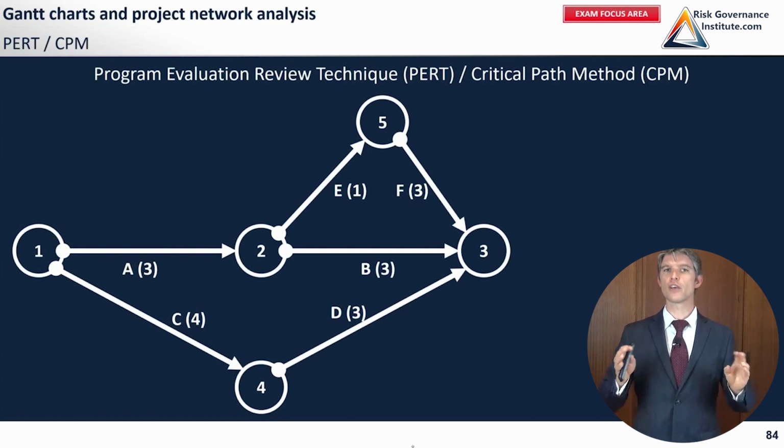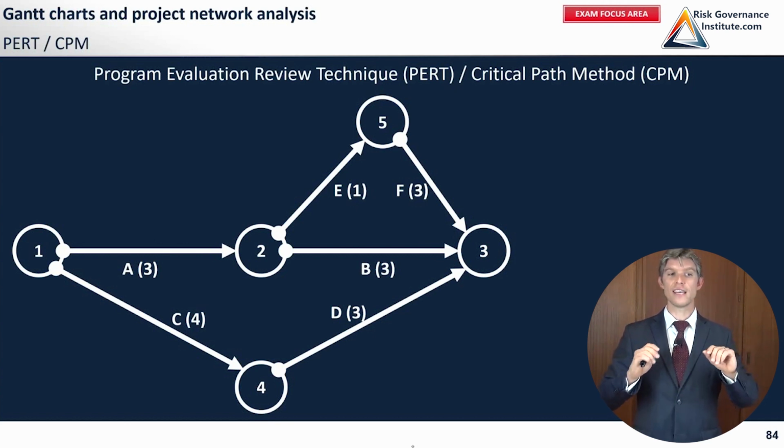So you are starting your internal audit in point 1. You have, say, preparing the risk assessment, which is going to last 3 weeks in A. Once you have prepared your risk assessment, to get from 2 to kind of your final reporting in 3, you have some audit work to do.